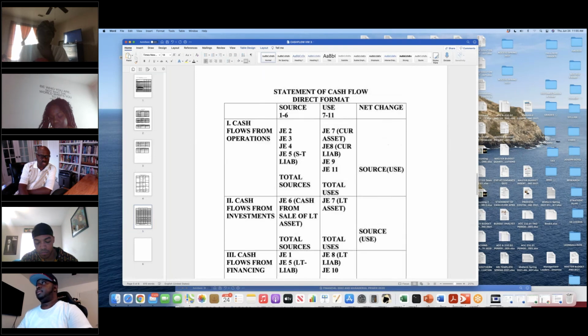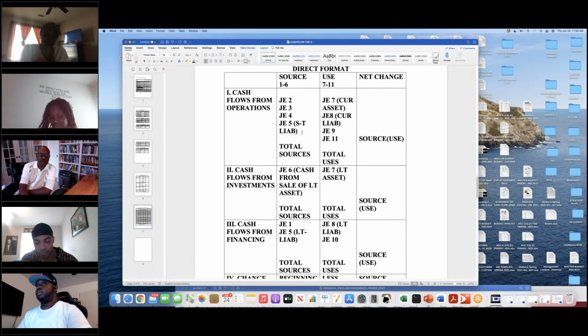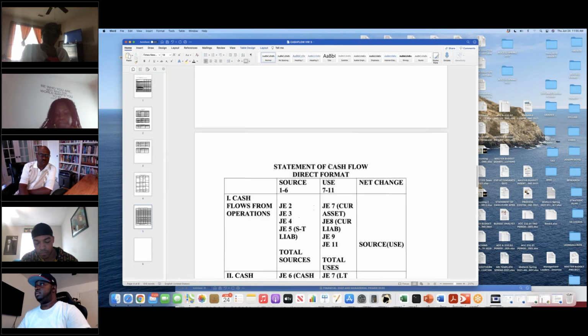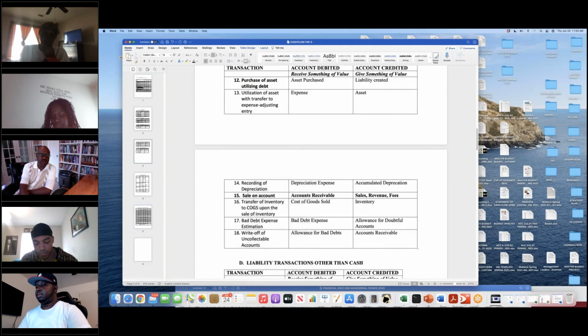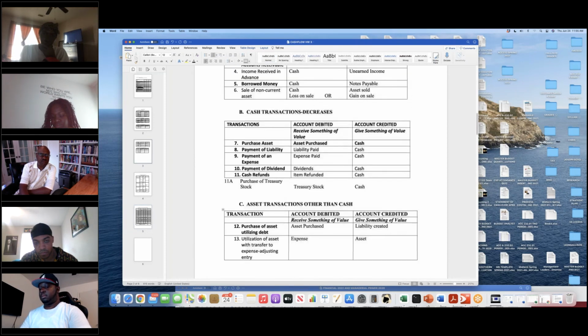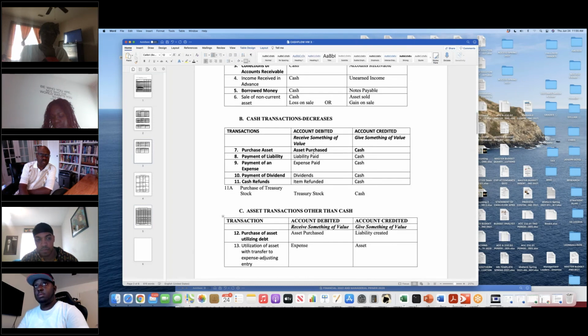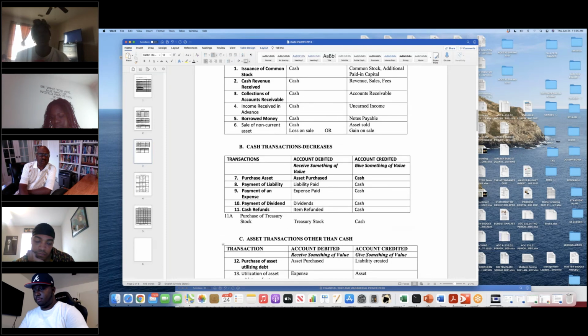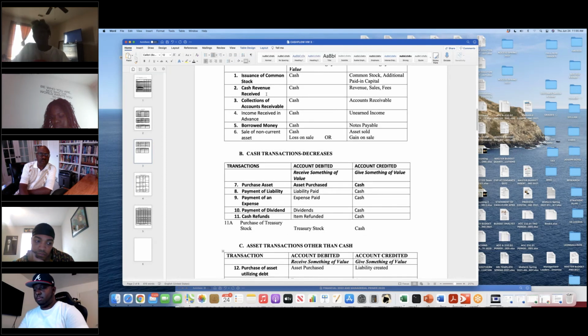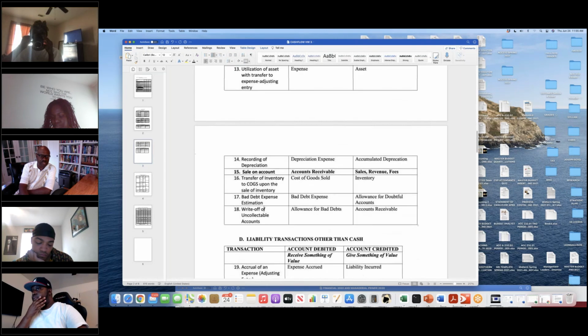So this chart shows where every journal entry type goes. Once you determine which journal entry type it is, like cash revenue received, number 2, that's a type 2.